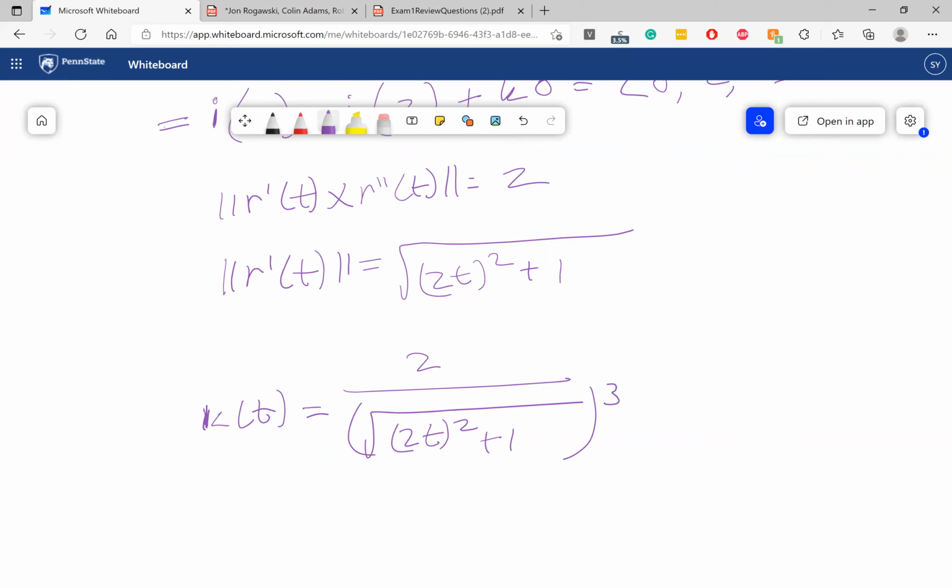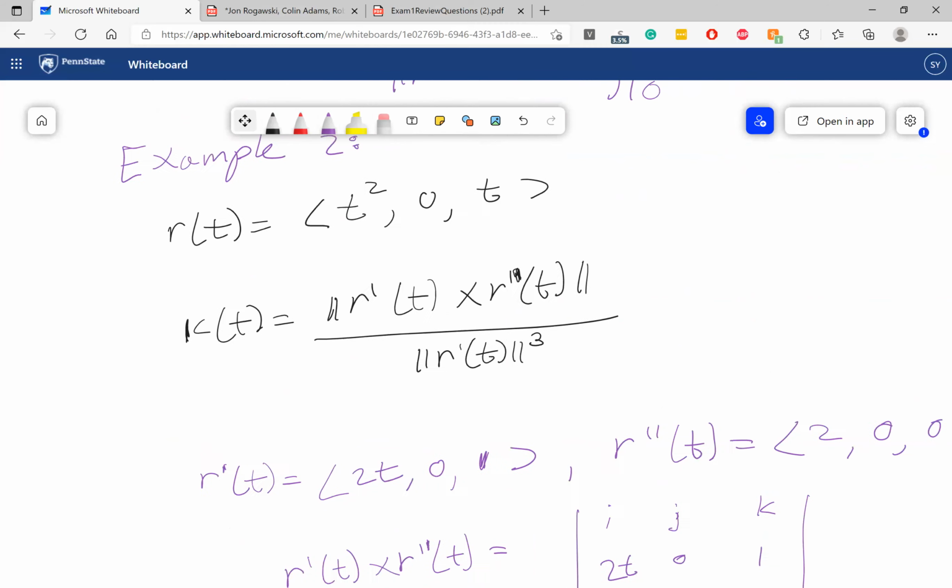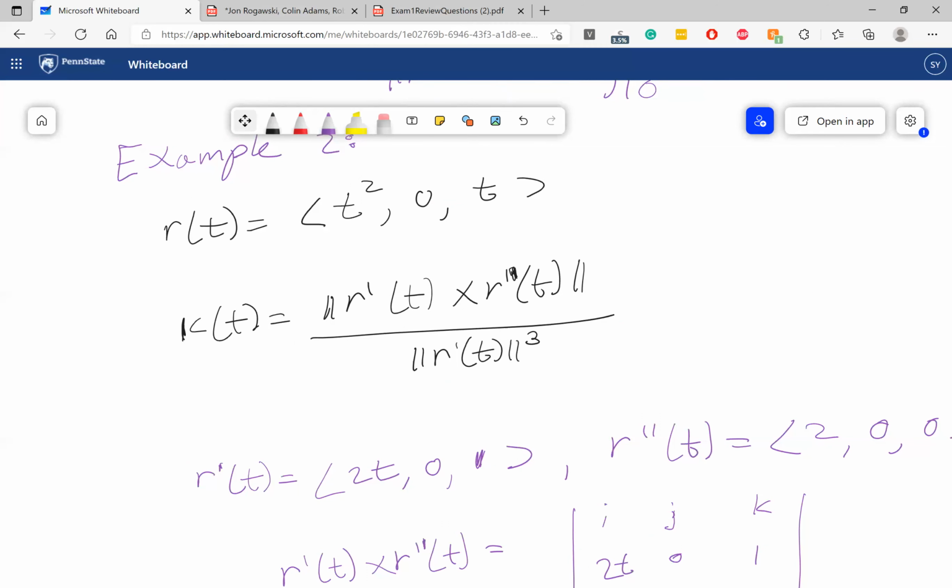Any other questions? Yes. So we can choose between the two formulas, but which one should we use? I would recommend choosing this formula in general, because the other formula was useful when you had sine and cosine and you could take things out and it was easier to find the magnitude.